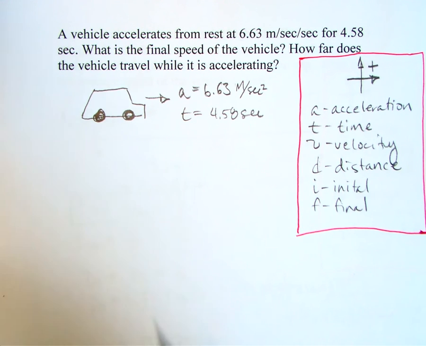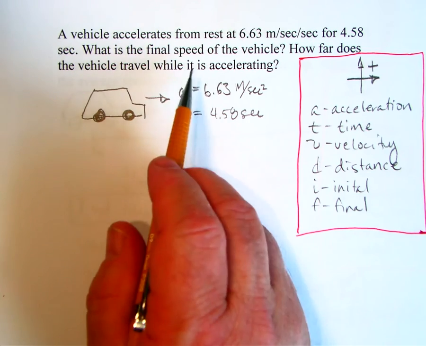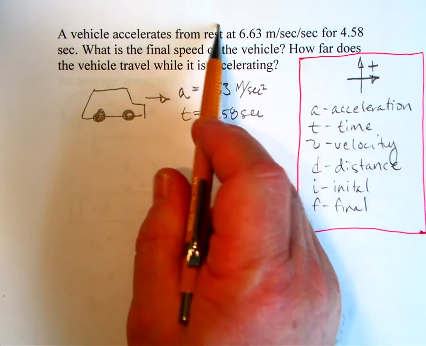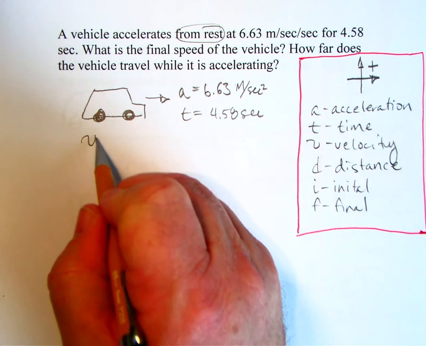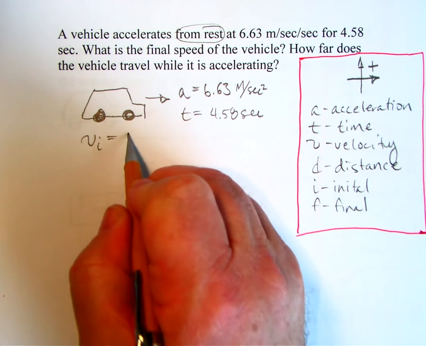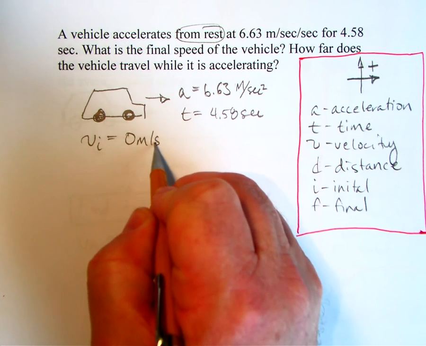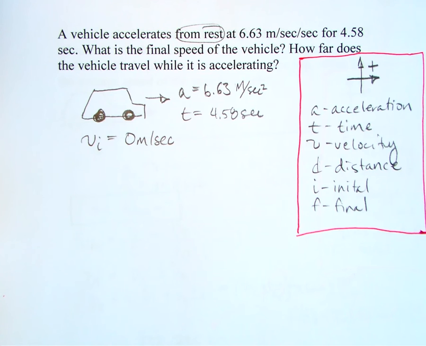So what do we know? Okay, there's one thing up here that we haven't talked about, and that's from rest, okay? So what does that tell us? That the initial velocity is equal to 0 meters per second, okay?